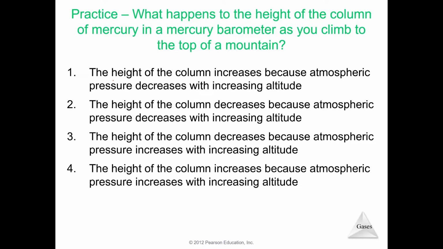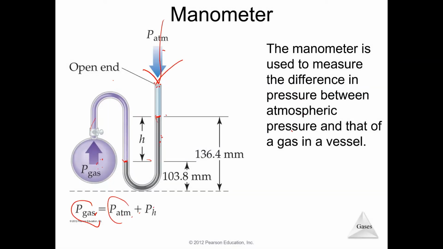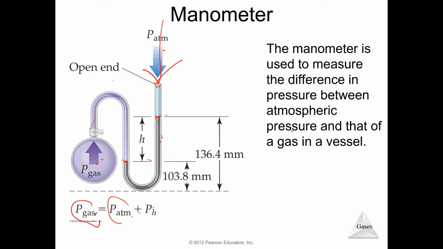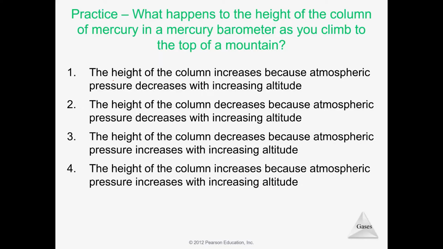The manometer is the other one, and this one is the barometer. So it's asking what happens. What do you think is most likely going to be the scenario as you go to the top of the mountain? All right. Number 2. Right, it is number 2.